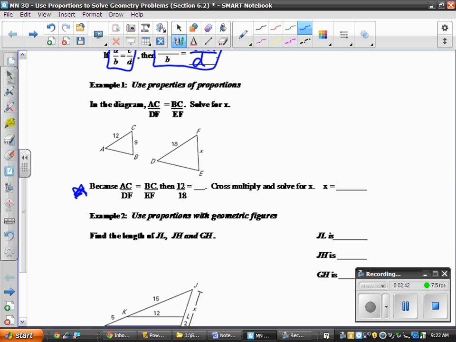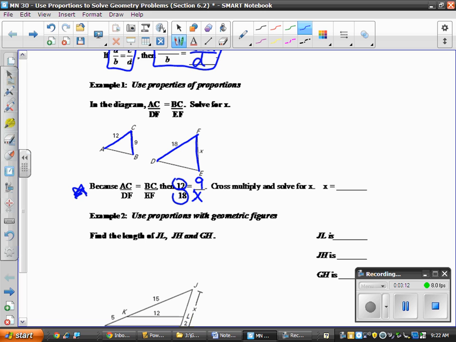So AC right here is 12, so that's why they have 12 right here. DF is 18, which is right there. So what they're saying is the ratio of the side lengths AC to DF is going to equal the ratio of the side lengths of CB, which is 9, right here, over x. So you're just creating a proportion so that you can solve for x using the ratio of the sides.